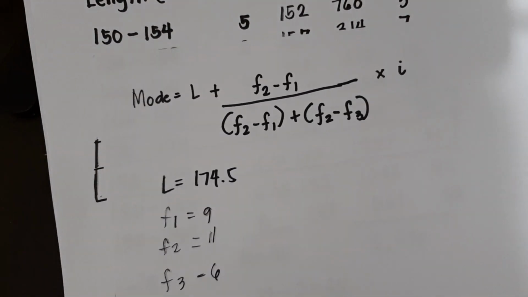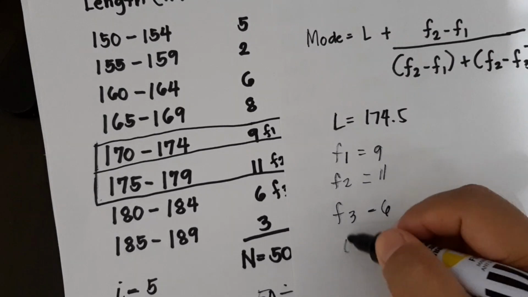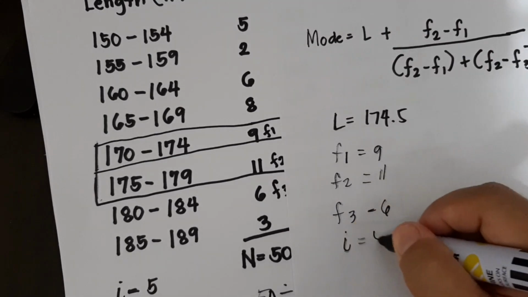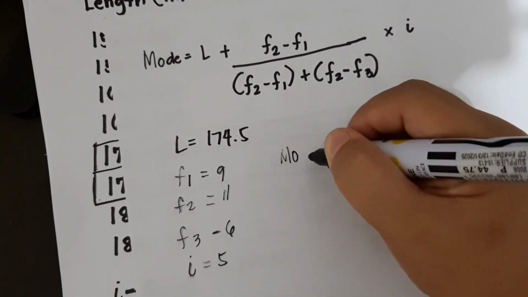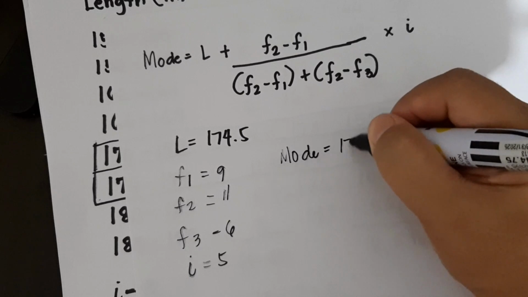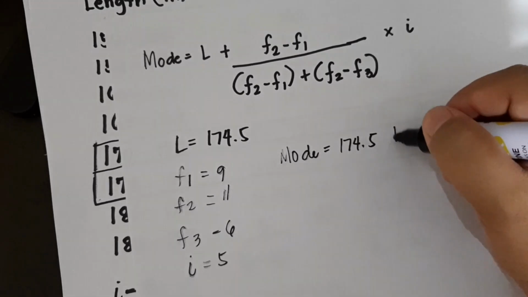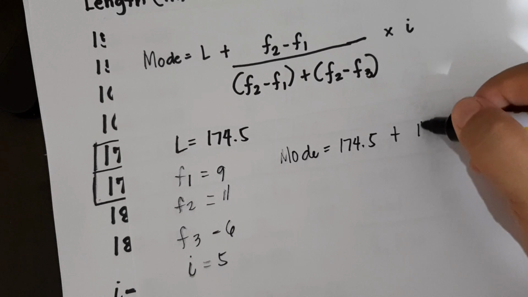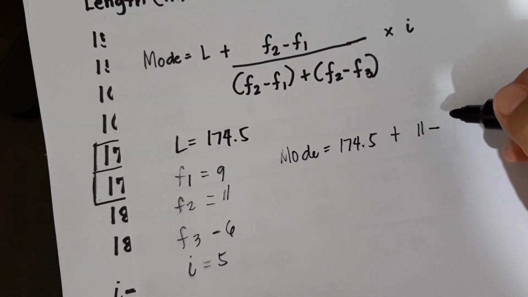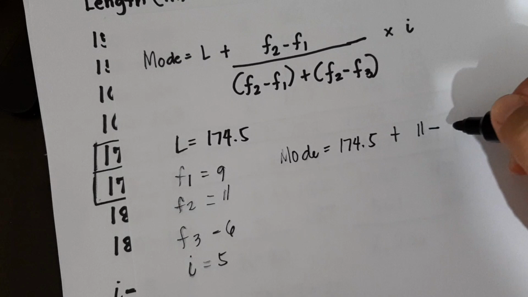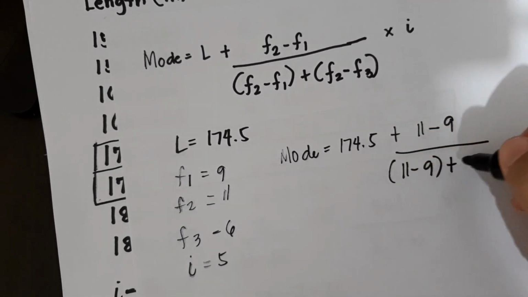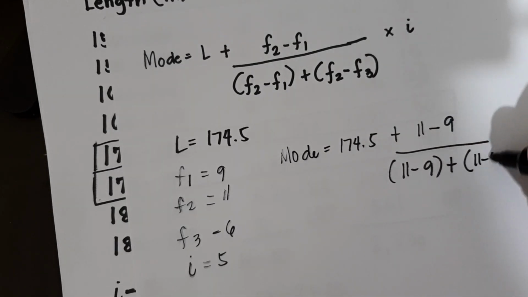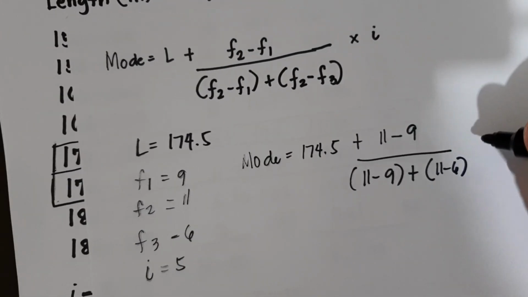Okay, so punta tayo dun sa formula. So, ang interval natin again ay 5. O ang width, pwede naman. Okay? So, we have mode is equal to 174.5 plus F2, which is 11, minus F1, 9, all over 11 minus 9, plus F2, 11 minus 6, times 5.